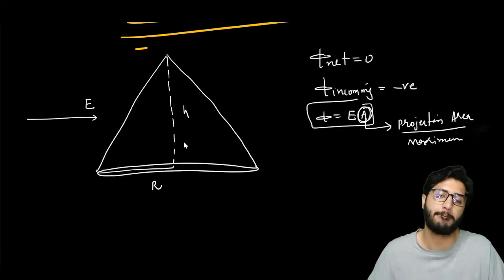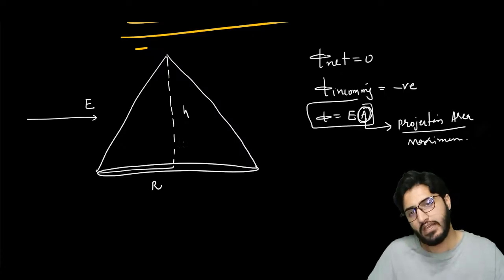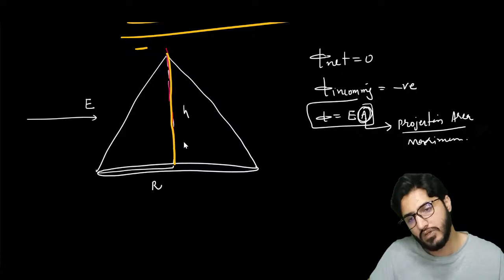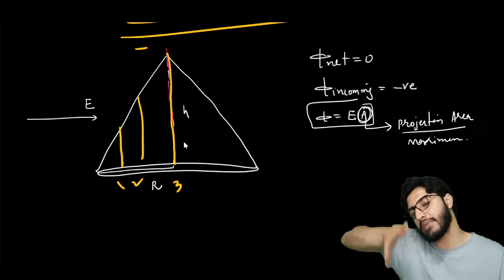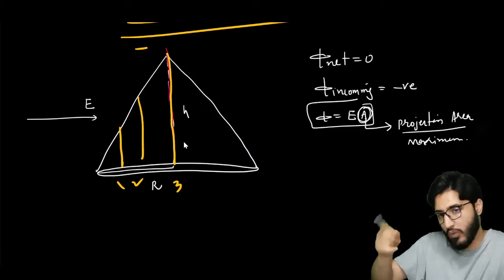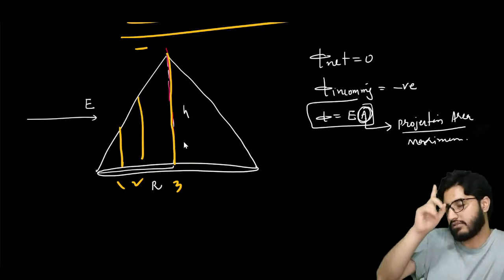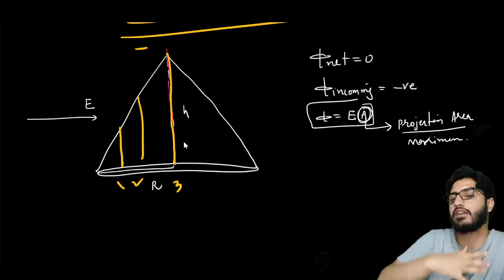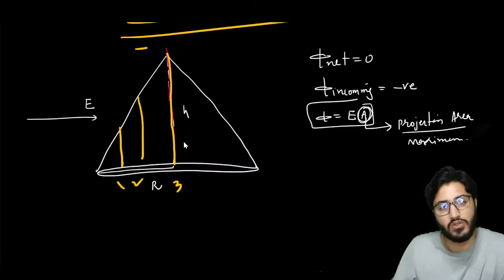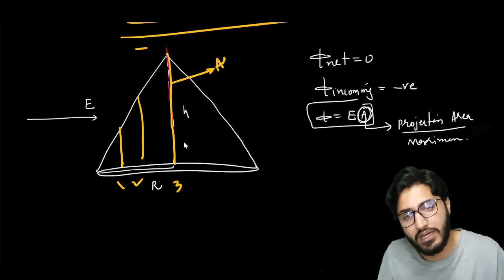If we compare 1, 2, 3, where will the area be maximum? Where will the maximum electric field lines pass from? I guess 3 is very big. So maximum electric field lines will cross from the third only, right? So we have to take the area of this particular section.